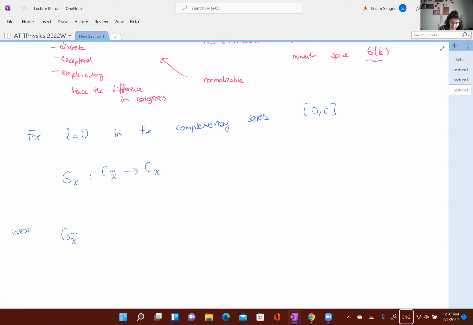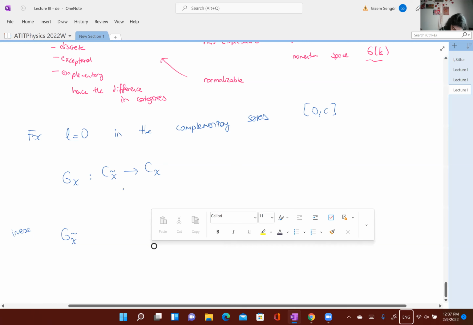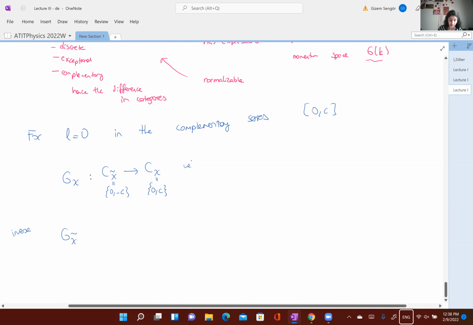So this is the function space with 0 minus C, and this is the function space with 0 plus C. And this is well defined for C greater than 0. And with its specific normalization. There's a few versions.